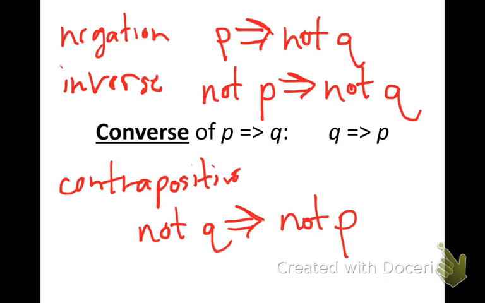You negate both the hypothesis and conclusion. Contrapositive. Elisa. If you are not an athlete, then you're not a soccer player. Yes. You negate both the hypothesis and conclusion of the if-then.